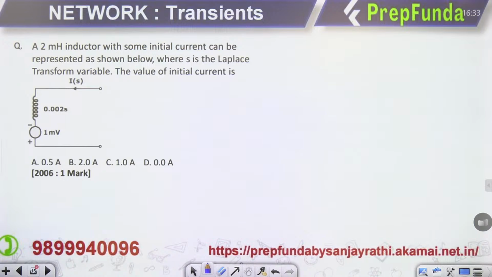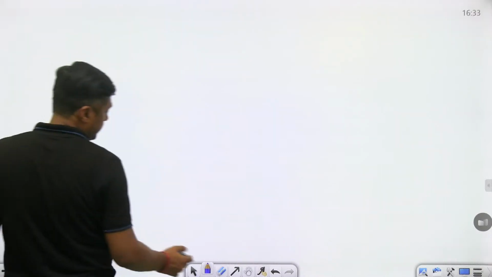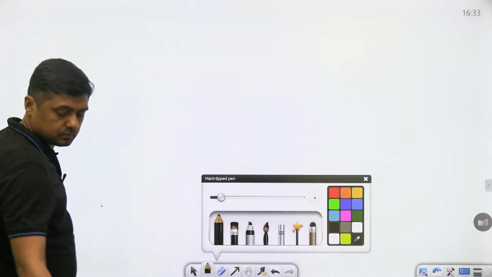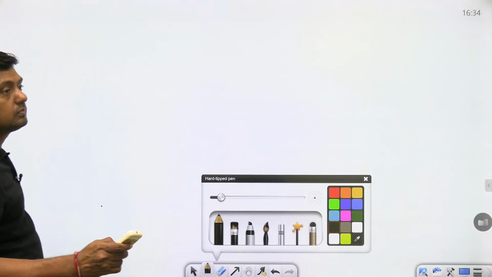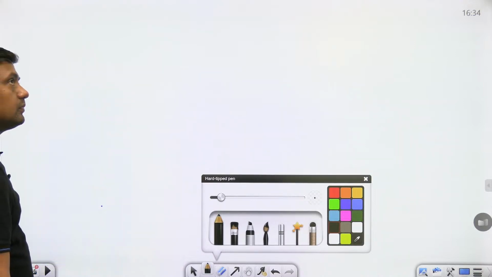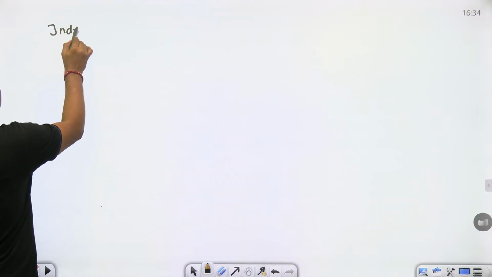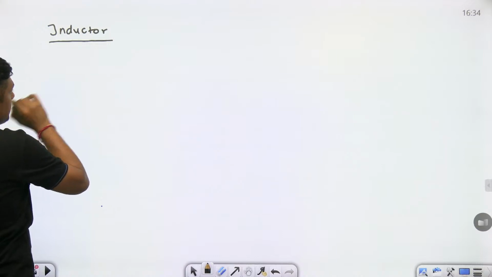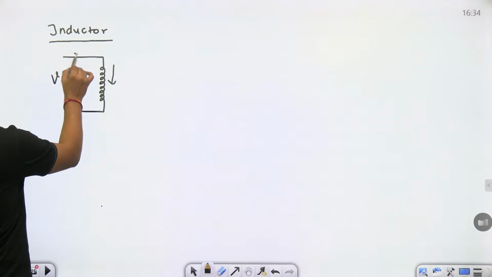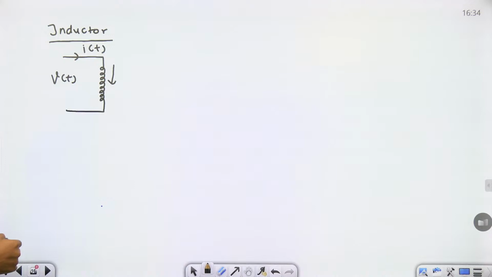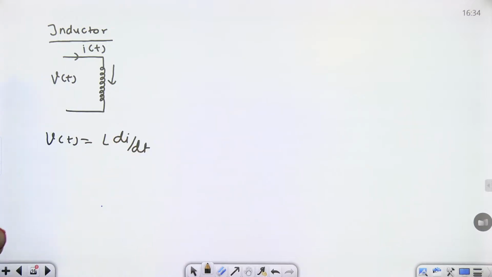Let me explain a theory now. First of all, take an inductor. If we have some initial current across the inductor, let this be the voltage v(t) and this be the current i(t). Then we can write the voltage across the inductor, given by L di/dt.